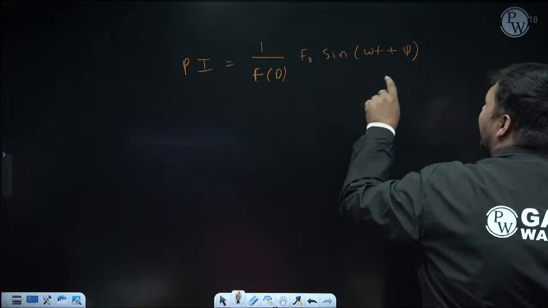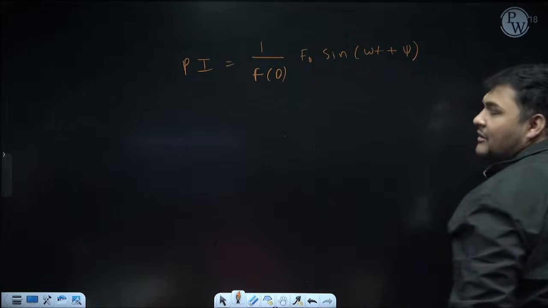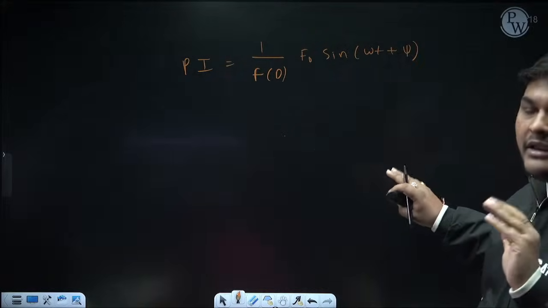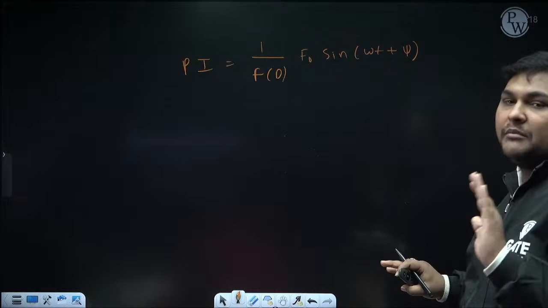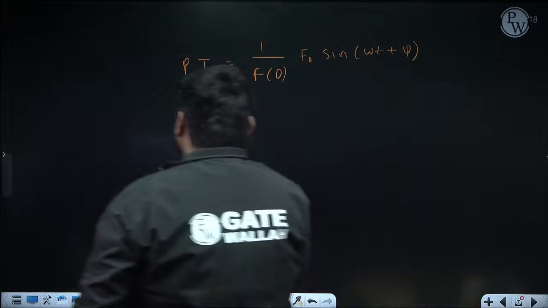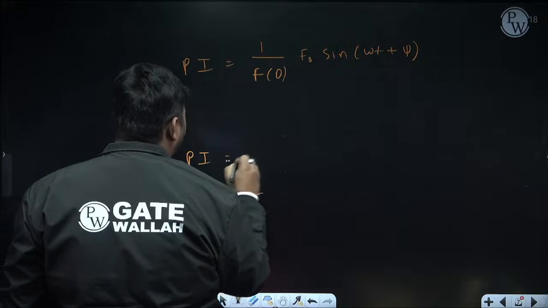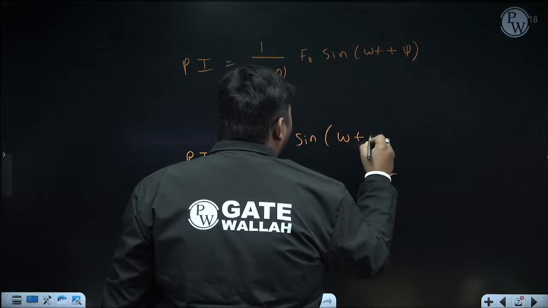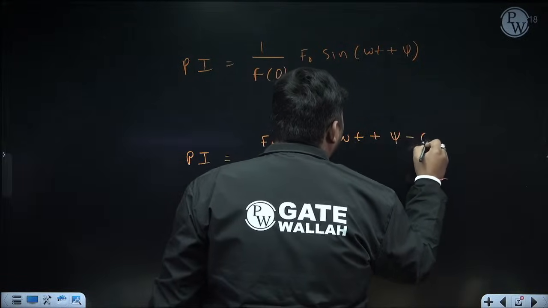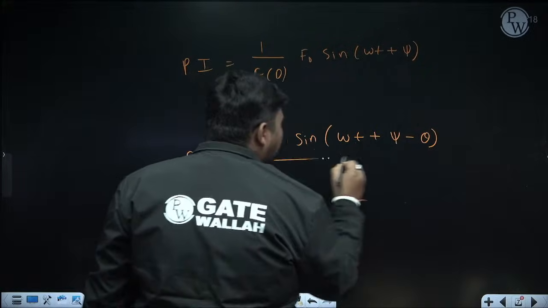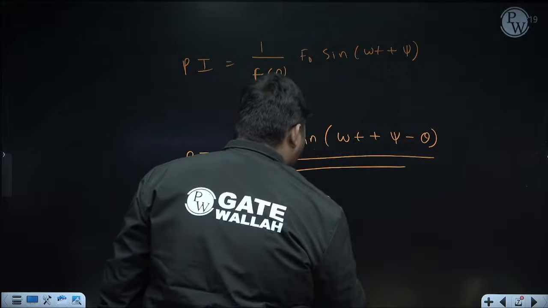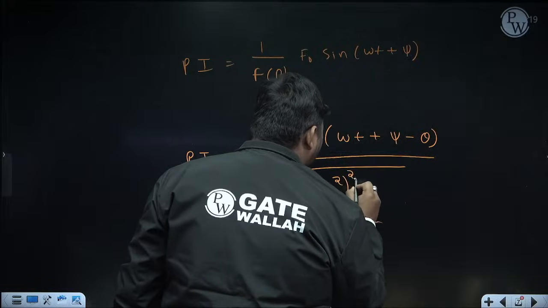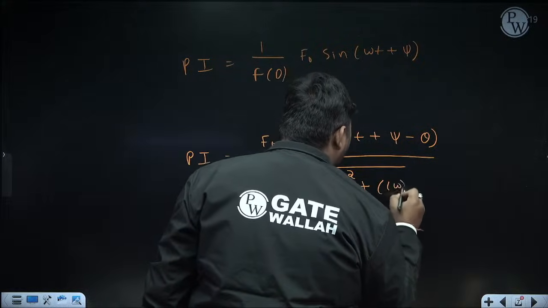From this, if you calculate PI, I am writing the final expression directly, and that you have to remember. But write it down, don't remember anything. At last I will make the summary, only remember the summary. So if you calculate PI for this case you will get this equation: F0 sine(omega t plus psi minus theta) upon root over ((k minus m omega square) whole square plus (c omega) whole square).